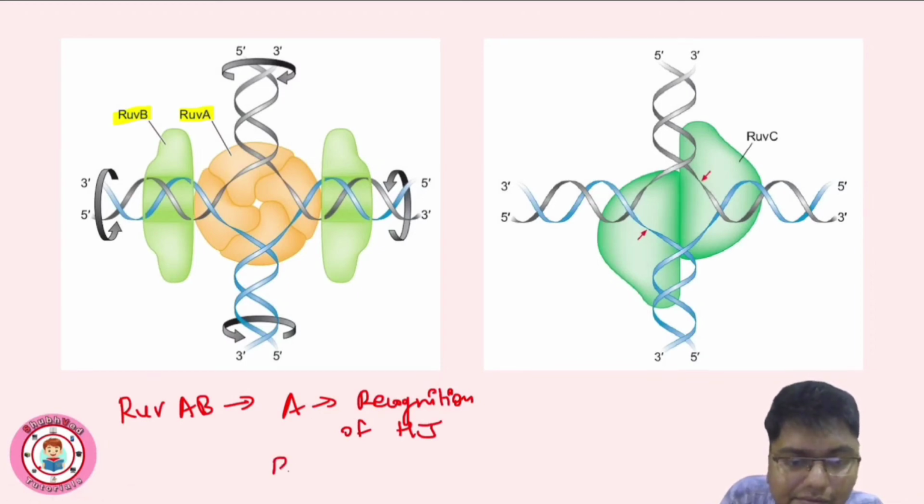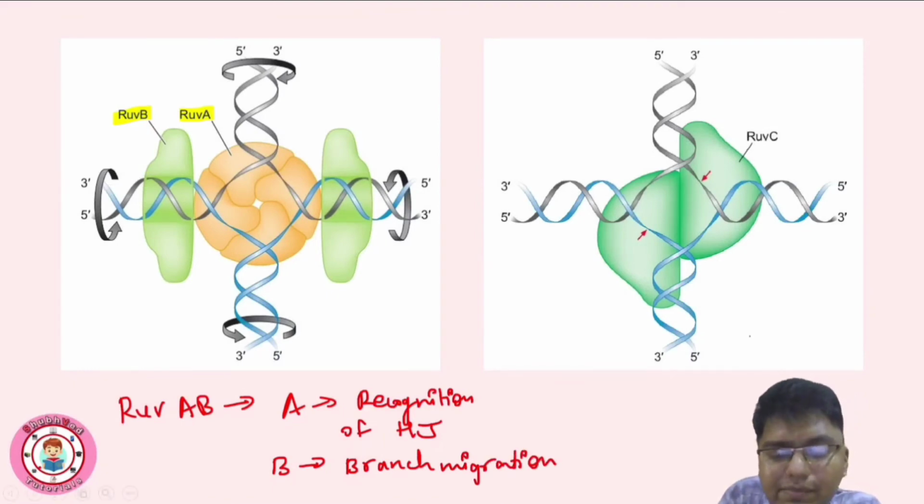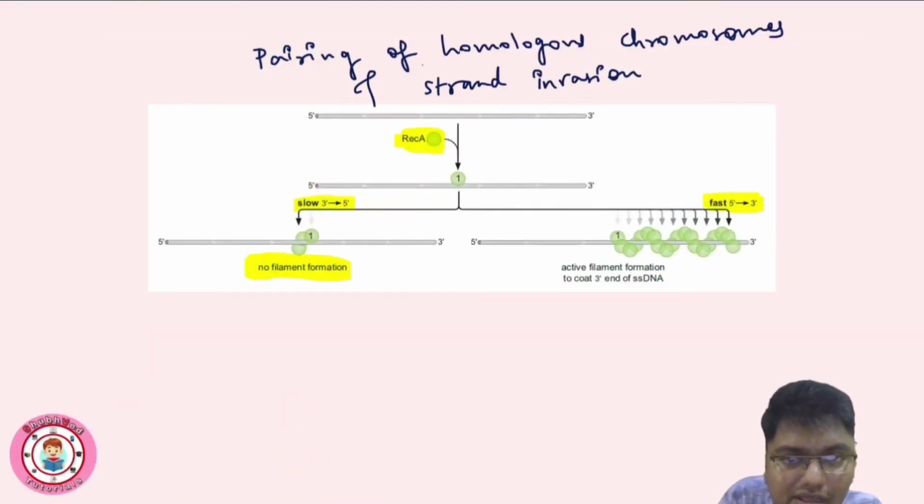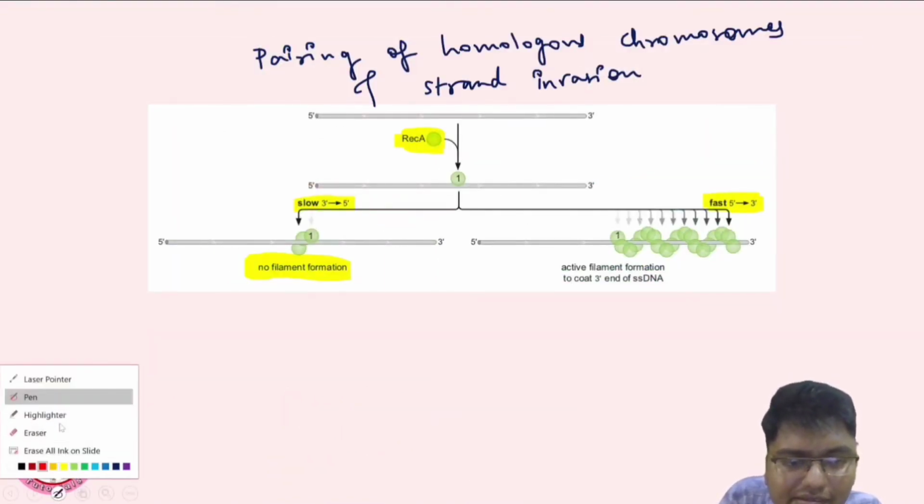And B protein is for the branch migration. Okay, so in the previous step, we saw that there will be formation of Holliday junction, because strand invasion takes place.